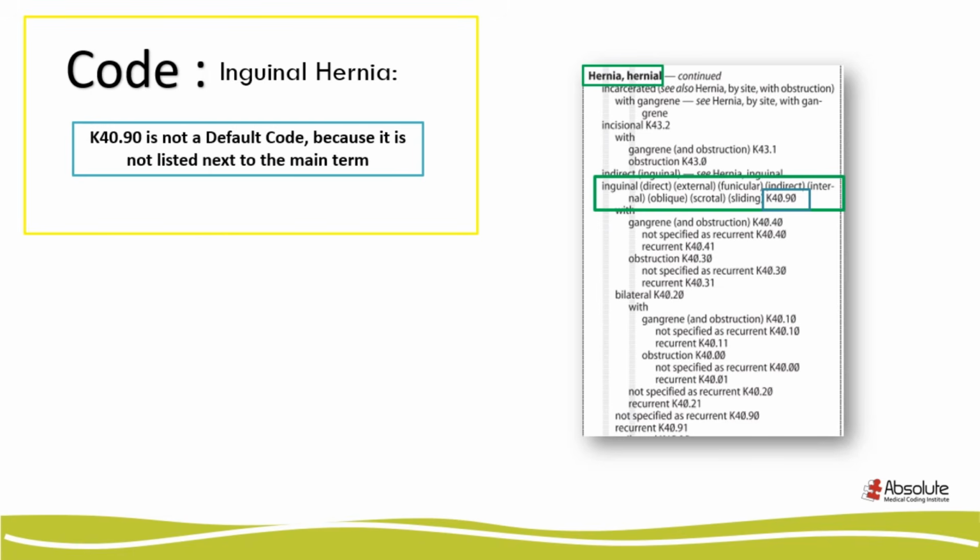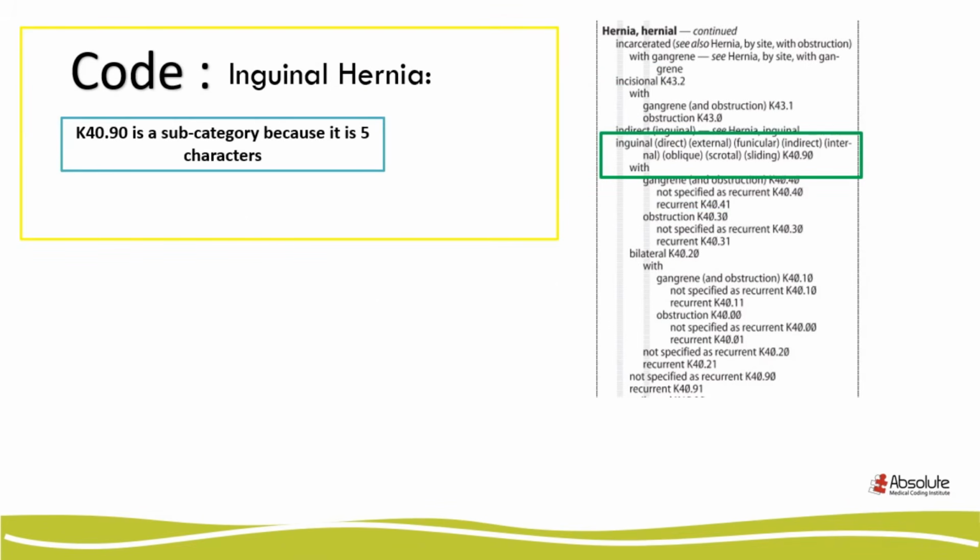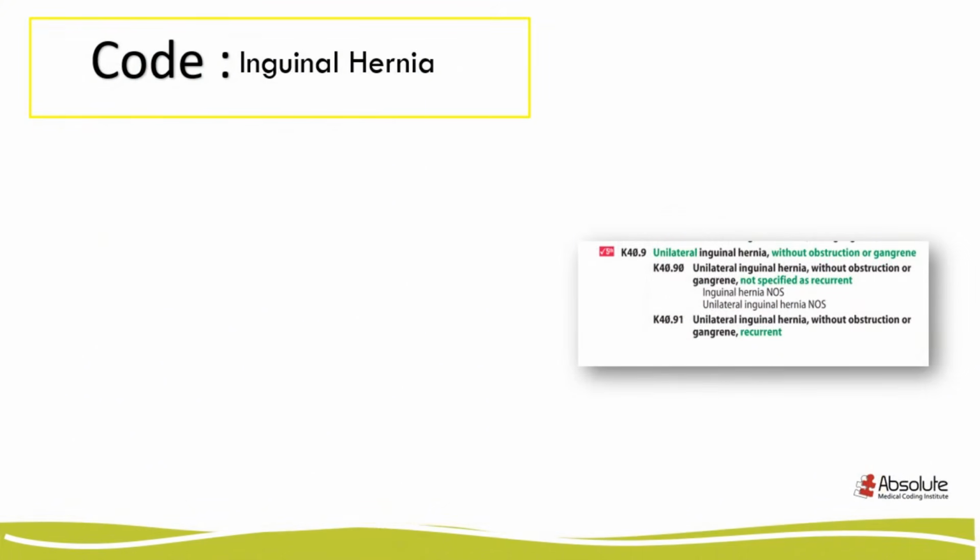Just an FYI. All right, let's continue. This inguinal hernia K40.90, that is our subcategory code, and now we're ready to look it up in the tabular list. So we're going to verify in the tabular list.